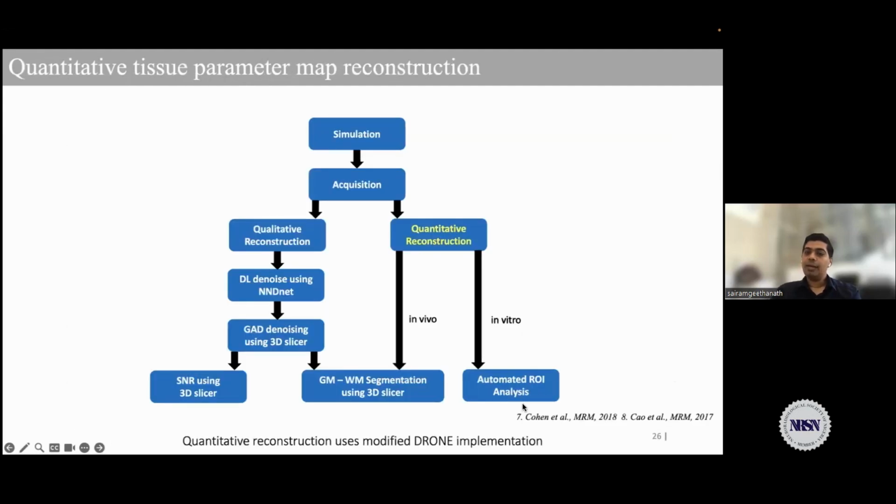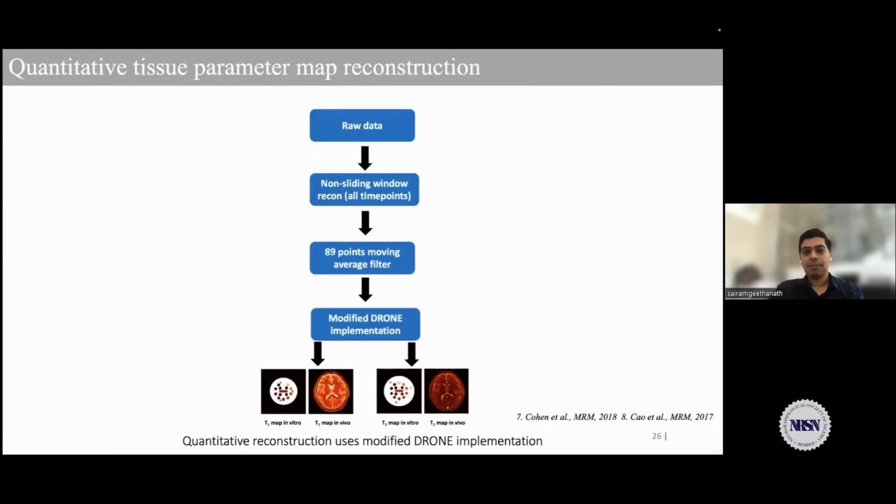Now, on the quantitative side, where you want to generate the T1, T2 maps, we used a non-sliding window reconstruction, and then an 89 points moving average filter, which is similar to the sliding window, and then used a reconstruction by Uri Cohen called deep learning reconstruction of neural networks for fingerprinting, or DRONE.